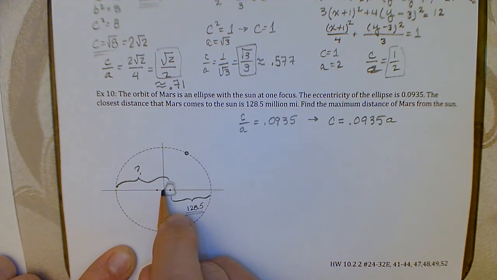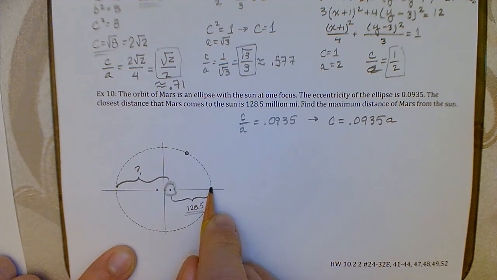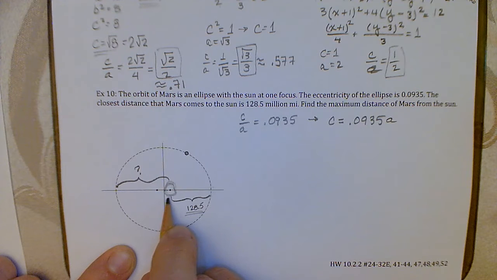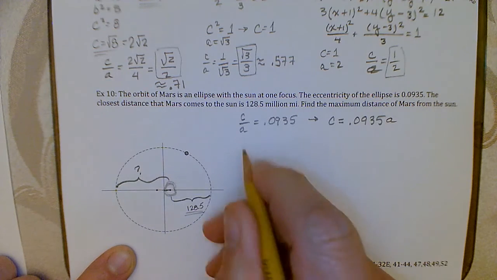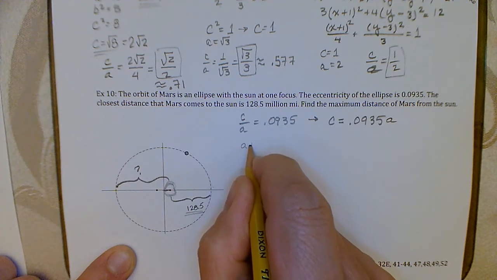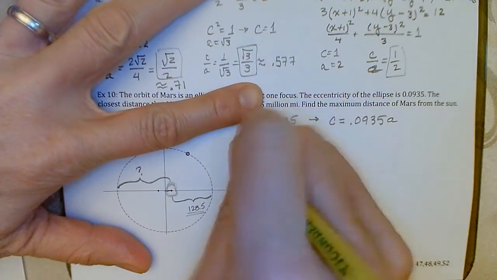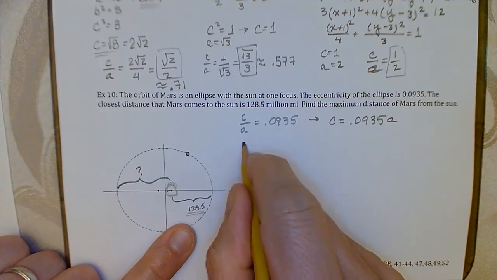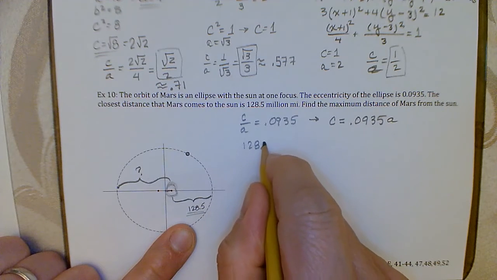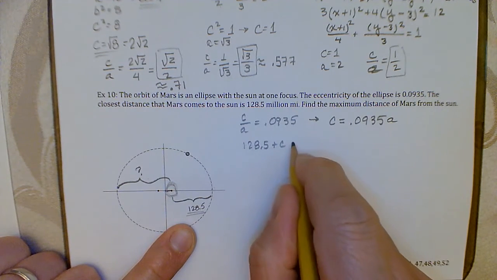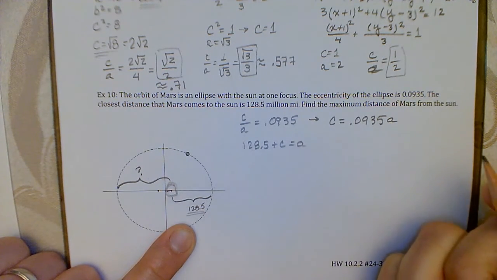It's not A, because A would be from the center out. It's A take away C. That little distance in here is C, from the center of the ellipse to the center of the Sun. So 128.5 plus C would have to equal A.